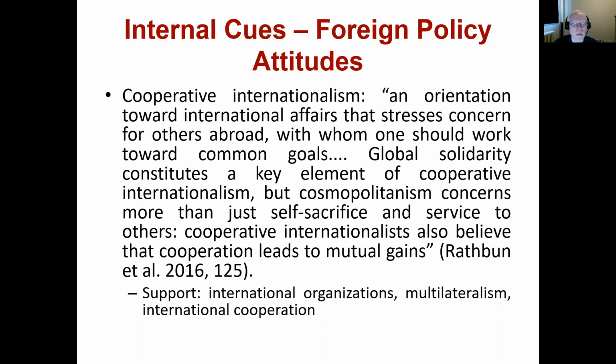But how should you also be working on other goals, say climate change? How should you be working to solve climate change? Should you be doing it through an open cooperative framework, or should you try to be imposing your preferred solution on others? Should you go it alone, or should you be working with the international community?